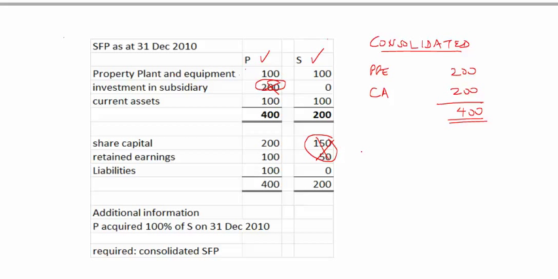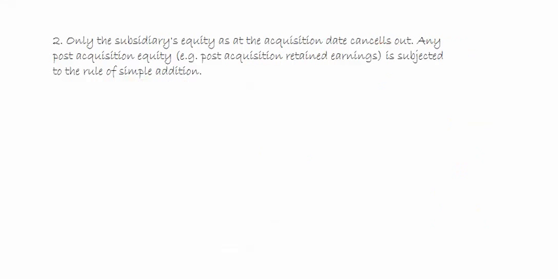With regards to equity, we have share capital, of which only the parent's remains because the subsidiary's cancelled out. Retained earnings is 100, and then we have liabilities of 100, and we see that our accounts balance at 400. It's that simple. The consolidated accounts must balance. If they don't, then there's an error somewhere.